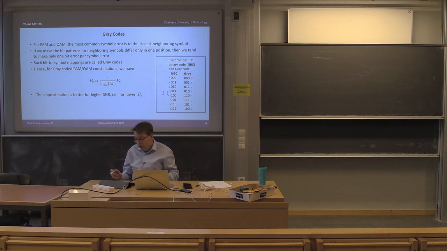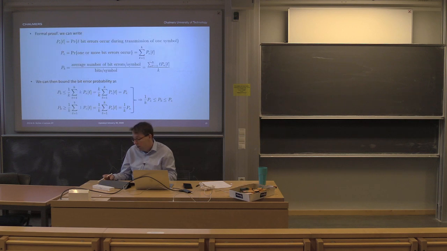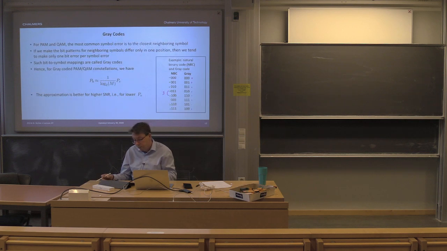So with gray codes, for high SNR, the bit error probability tends to the lower limit. That's why these gray codes are used in practical systems. So the upshot here is that the bit error probability is roughly equal to the symbol error probability times 1 over log2 of M, which is, of course, 1 over k, if you like.